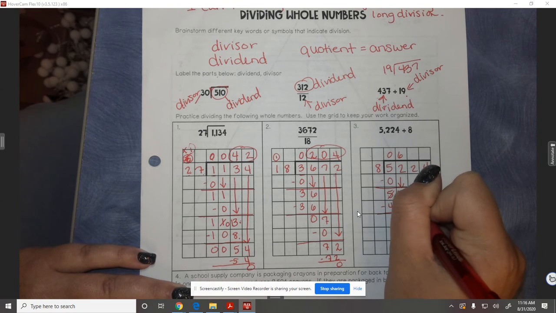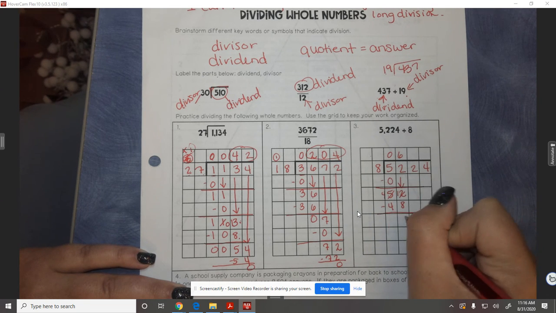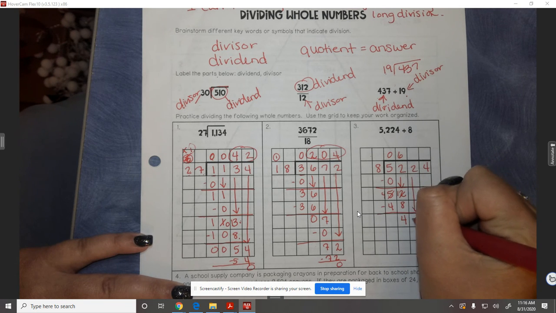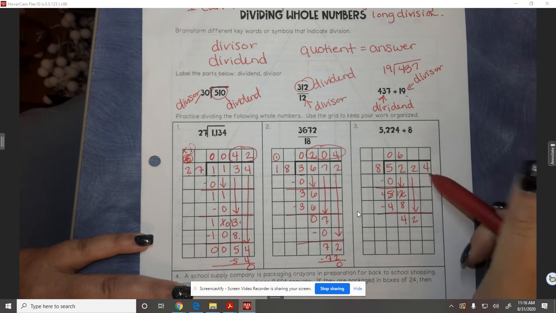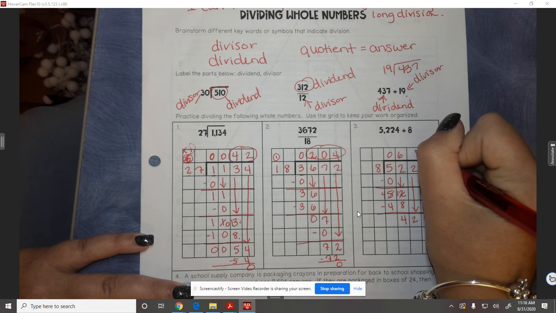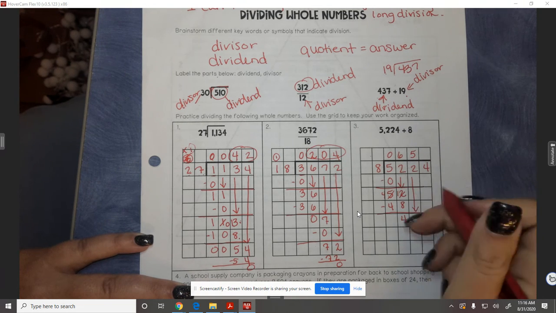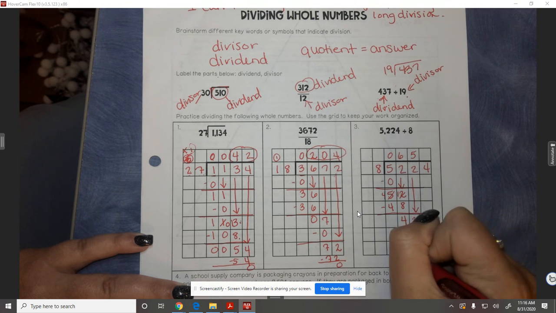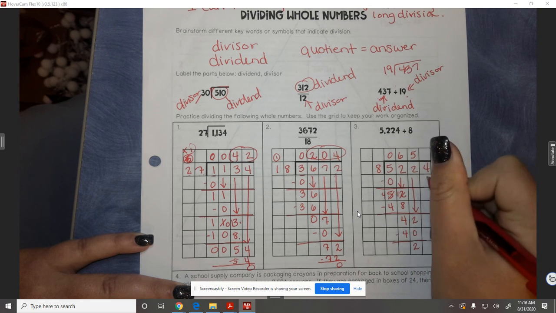And I subtract. I have a leftover of 4. I'm going to bring down my 2. 8 will go into 42 about 5 times because 8 times 5 is 40. Subtract, I get 2.